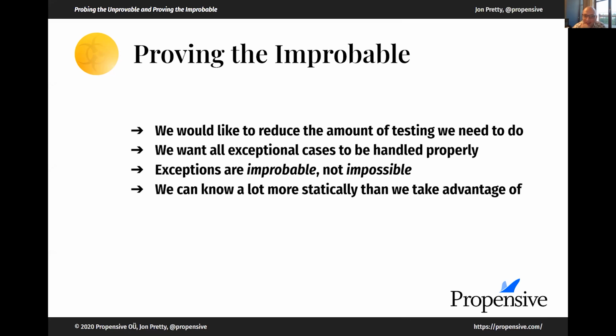And we have available to us at compile time actually more information than I think we usually take advantage of. And as a consequence of that, it becomes a little bit too easy not to handle exceptions in Scala. It's a bit too easy to forget to handle them or to allow them to be handled at a higher level when we would actually rather handle them sooner.